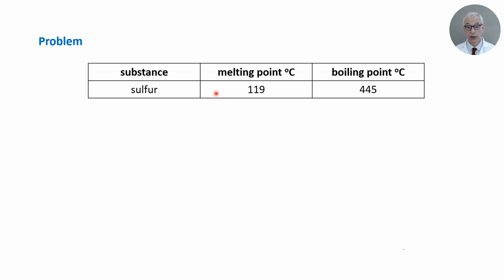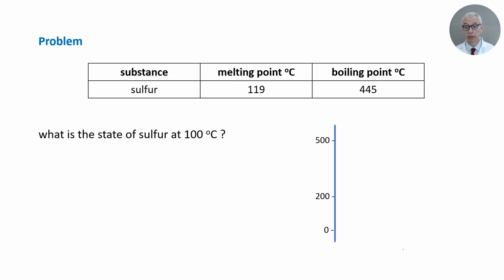Sulfur has a melting point of 119 and a boiling point of 445. What is the state of sulfur at 100 degrees Celsius? Pause, come up with your answer. Okay, so my solution is based on this: above 445, sulfur is a gas, and below 119, it's a solid.